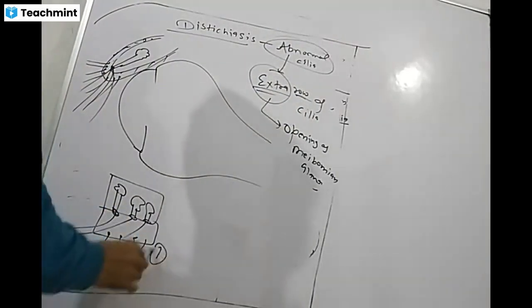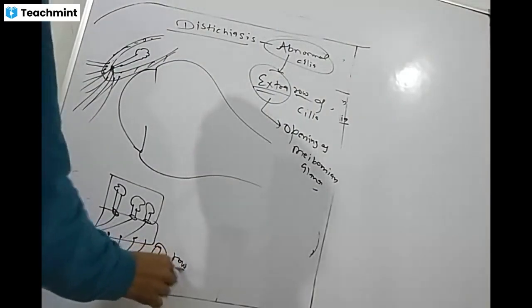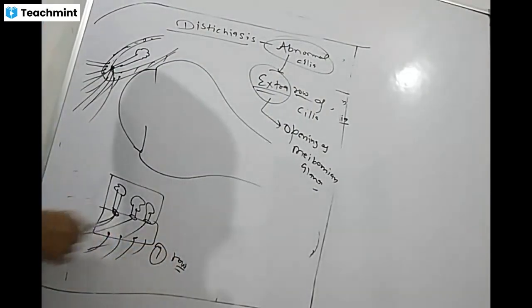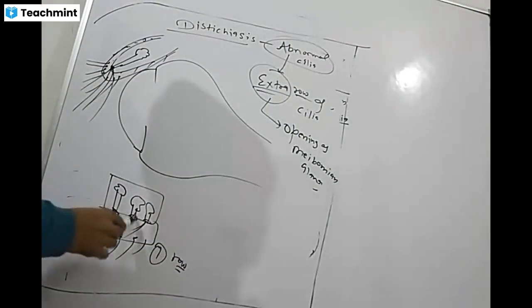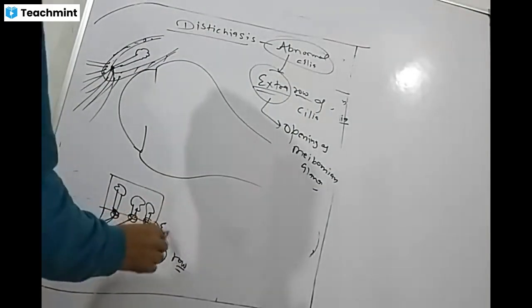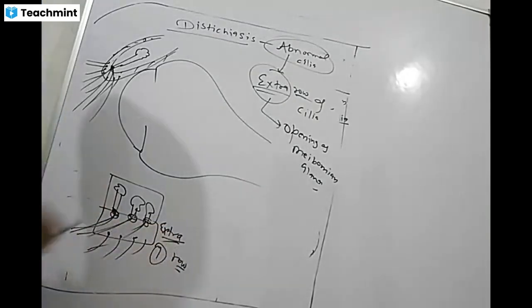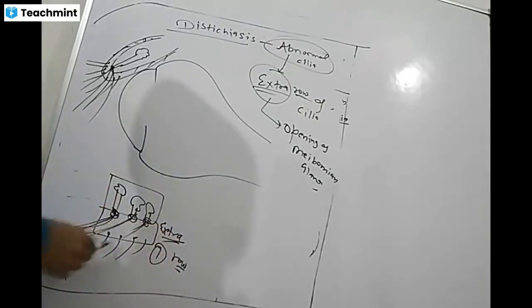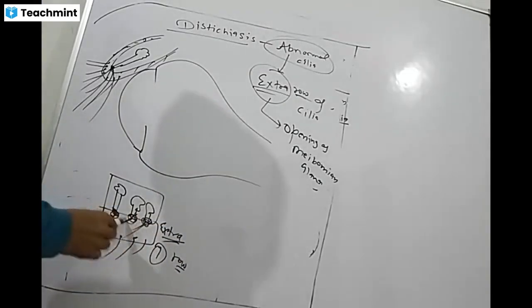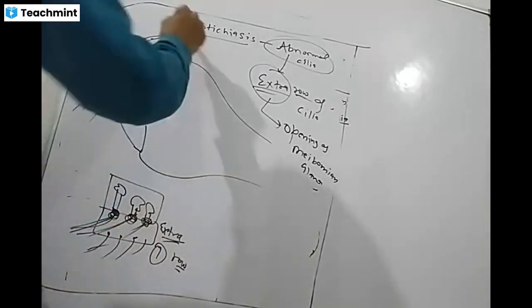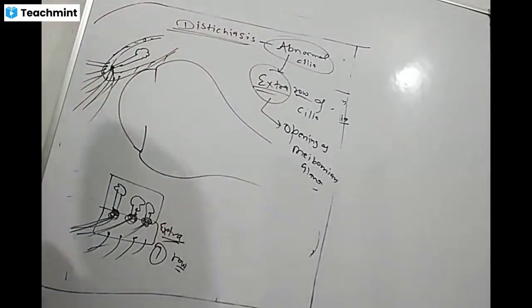So this was the first row, it is normal. But this row which is coming out at the opening of the meibomian gland is extra. This extra row of cilia coming out from the opening of the meibomian gland is called distichiasis.